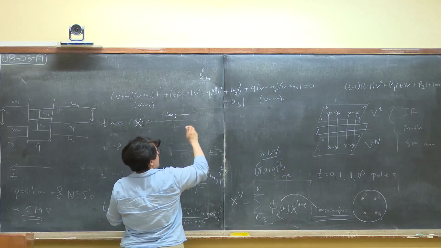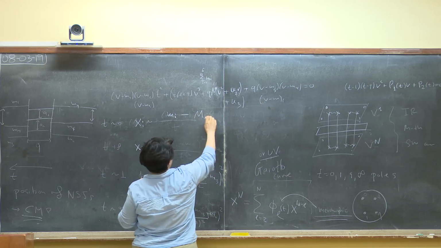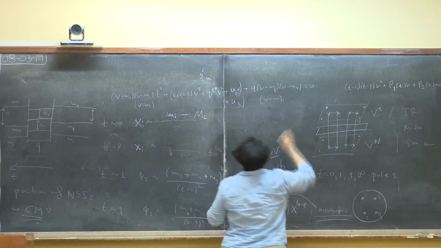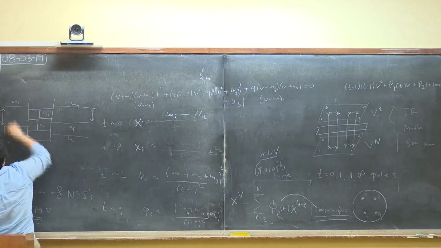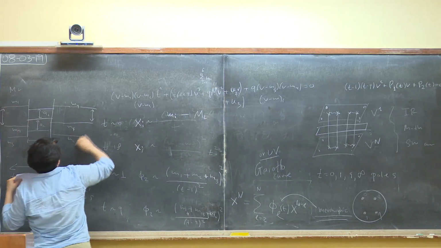minus the trace. So, and let's write now another symbol, L left, for these ones. So the sum of these ones. This is m left, and this I will call m right.